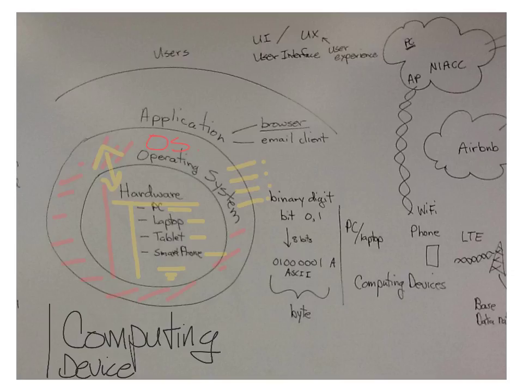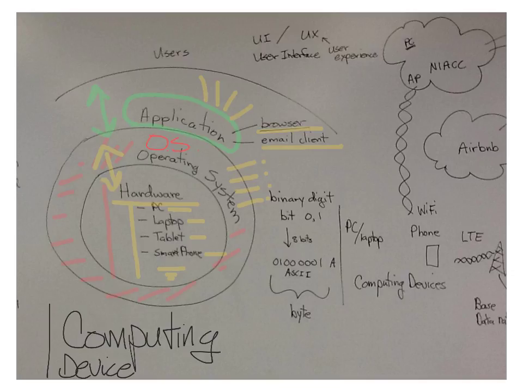Now the next thing we talked about is applications. Applications communicate with the operating system. We're going to review that next Wednesday. The applications we looked at today: a browser, and we talked about an email client, and there are lots of applications, literally probably millions.